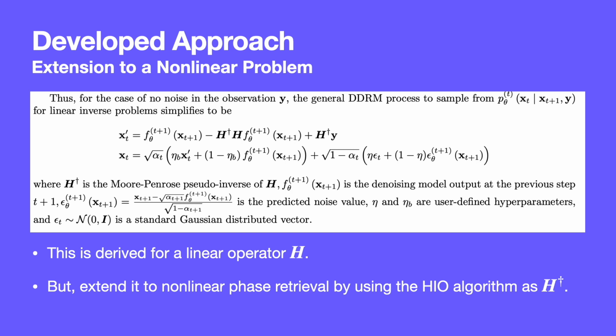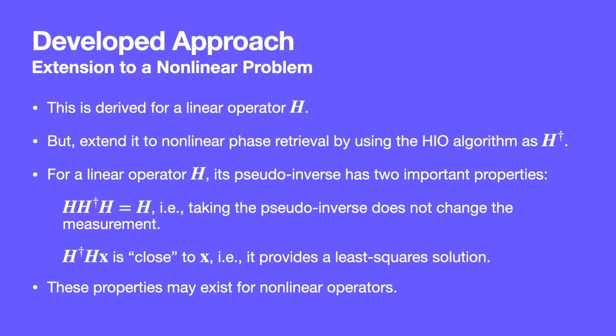Then I tried to extend it to a nonlinear problem, phase retrieval, by replacing the pseudo-inverse of H with the discussed HIO algorithm. This is logical, I think, since the pseudo-inverse has two important properties, and the HIO algorithm satisfies them. The first property is that taking the pseudo-inverse shouldn't change the measurements, and the second property is that the pseudo-inverse of H times x should be close to x, since it provides a least squares solution.